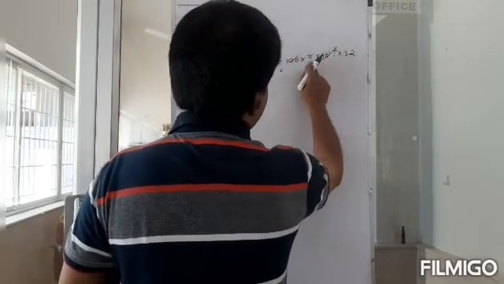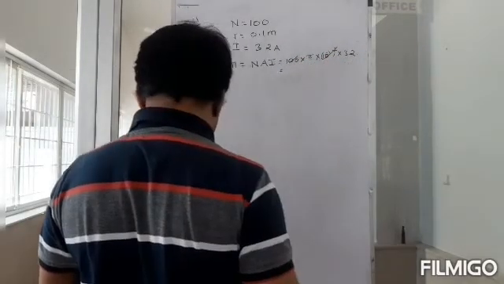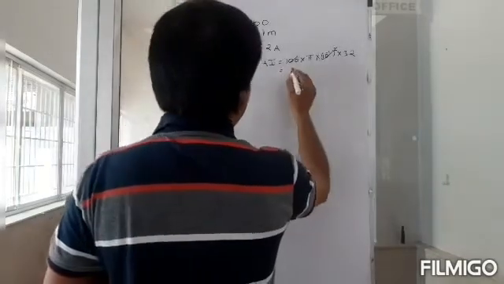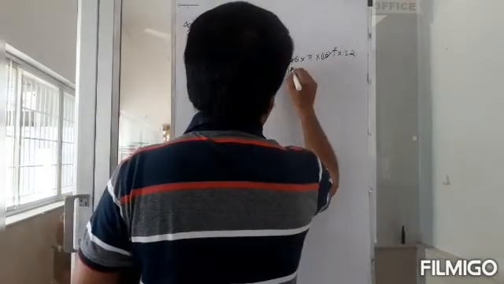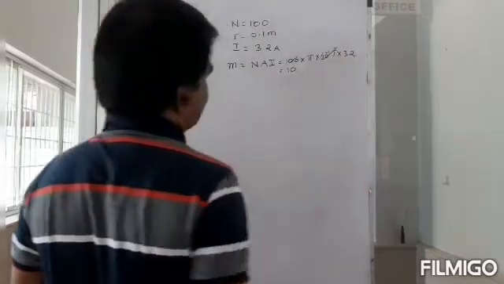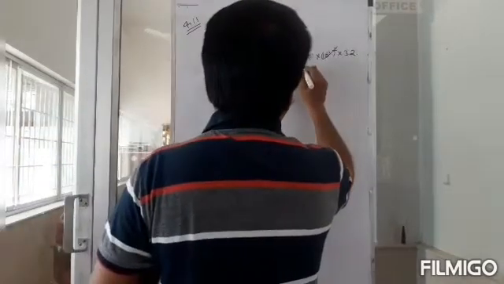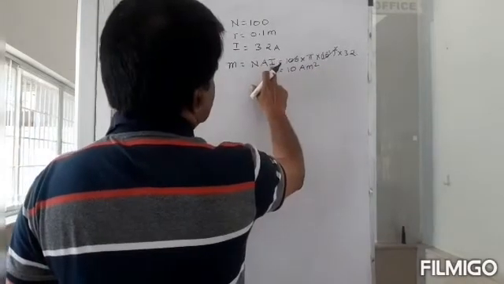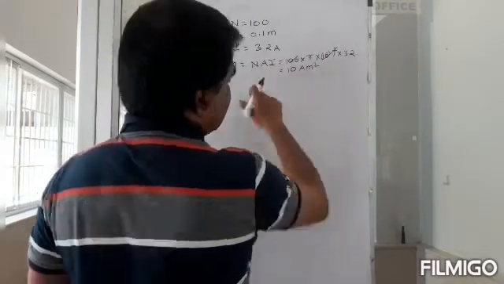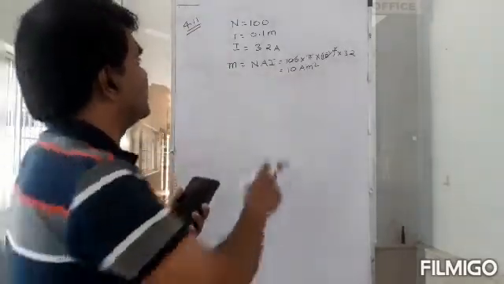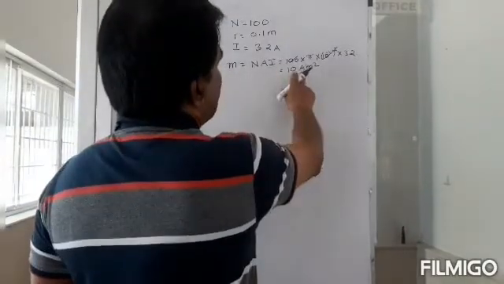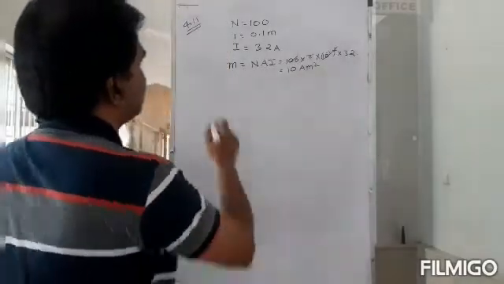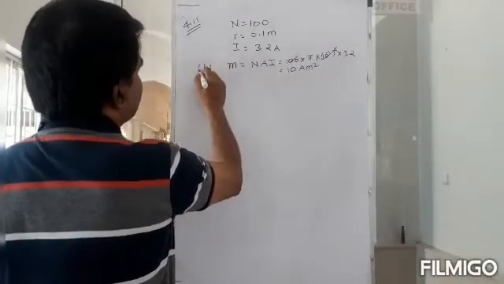So 3.14 times 3.12 is going to be equal to 10 ampere meter square. Number of turns will not have any unit. So the unit for magnetic dipole moment is ampere meter square. That is the B part of it.